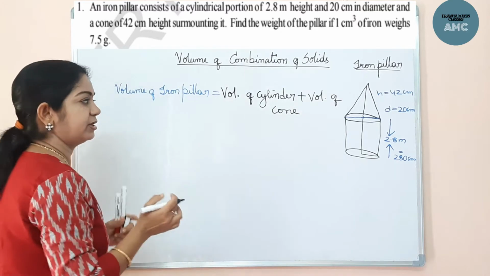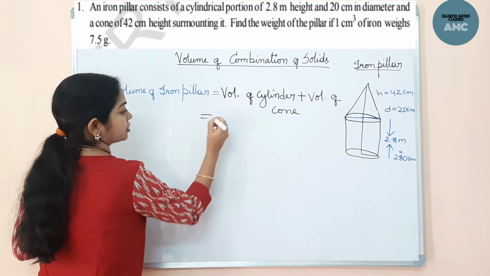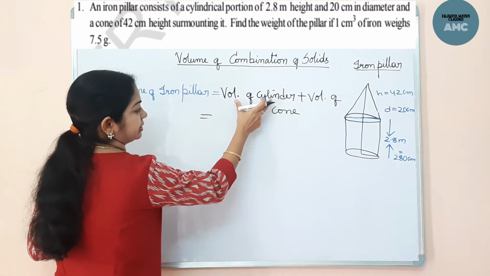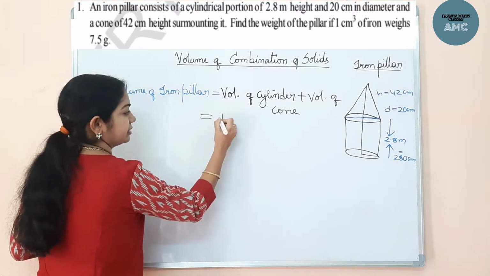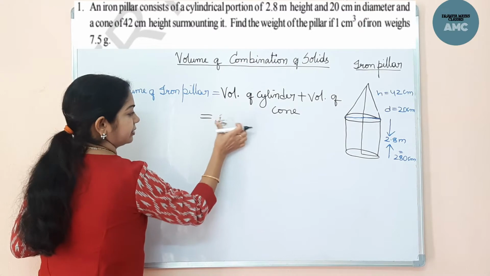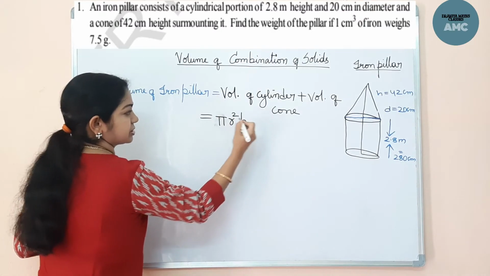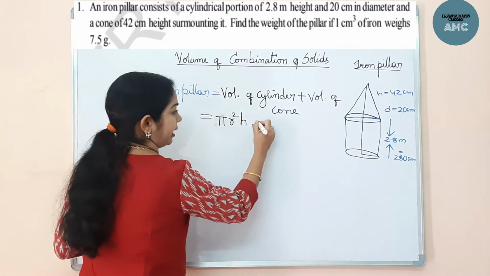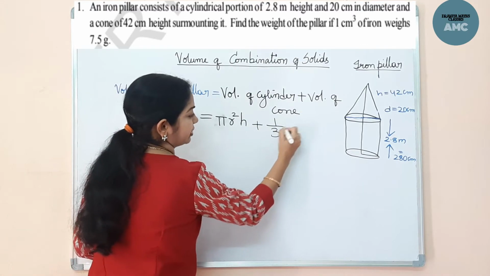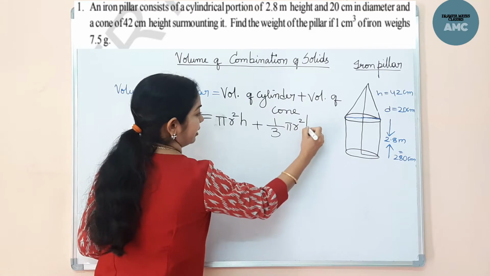That is a combination of two solid objects. Now what is the formula of the volume of the cylinder? Pi r square h, that is the volume of the cylinder, and the volume of the cone is 1 by 3 pi r square h.